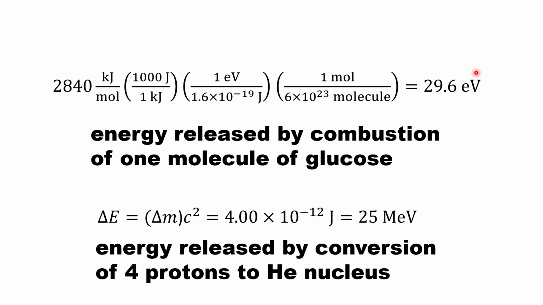But the decrease in mass for a chemical reaction is something like 1,000,000 times less than for a nuclear reaction. It's all about change in mass and transformation of mass into other forms of energy.